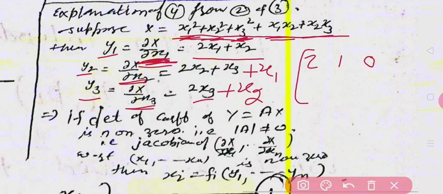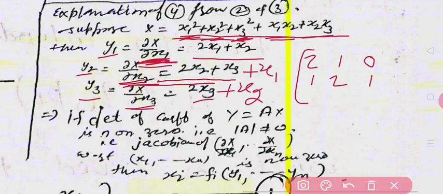When you find out the derivative of ∂X/∂x2 with respect to x1, what will it be? It will be 1. Then with respect to x2, that will be 2. With respect to x3, that will be 1, right?